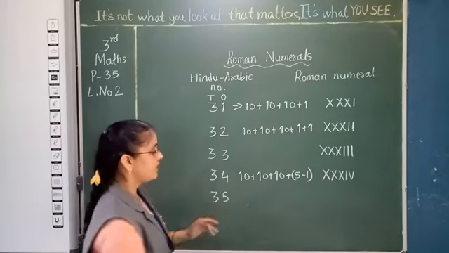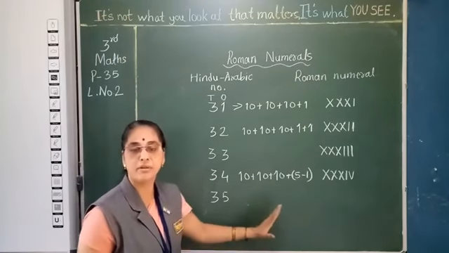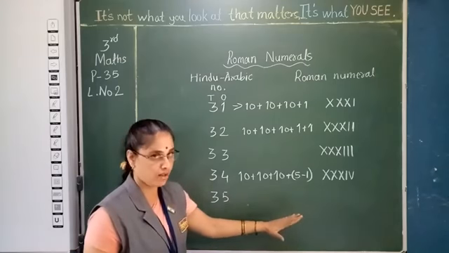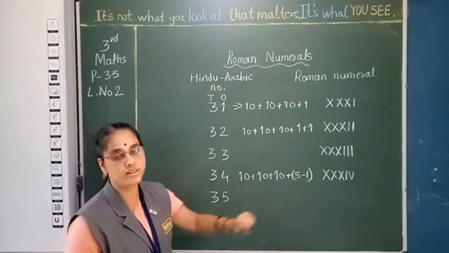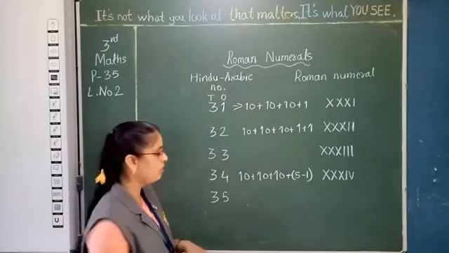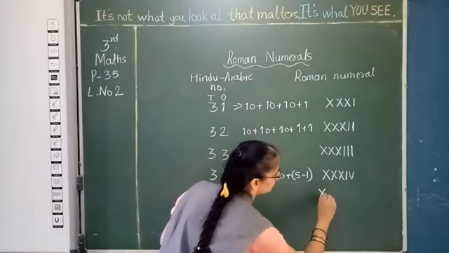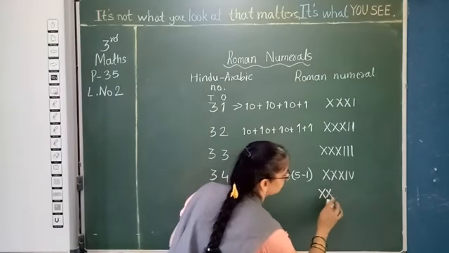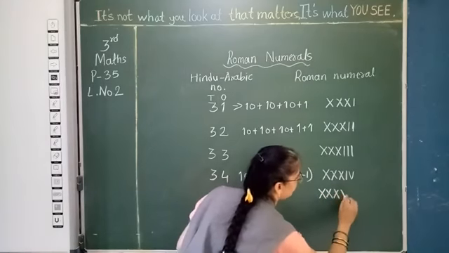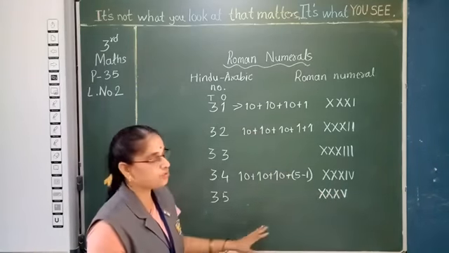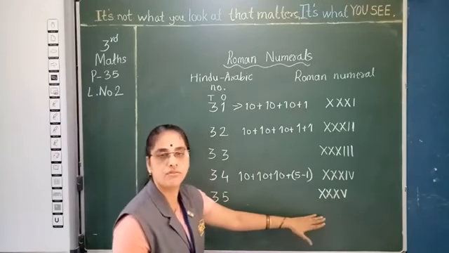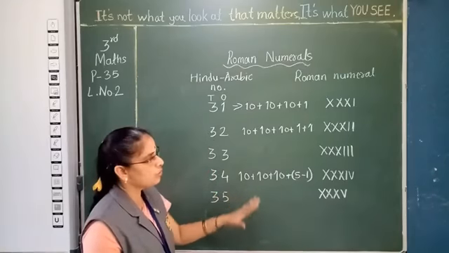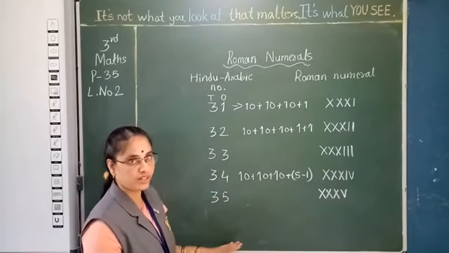Yes, that is again 10 plus 10 plus 10, and for 5 there is a symbol, so we write the symbol for 5, that is V. So how do we represent it? XXXV for 35. So this is up to number 35.